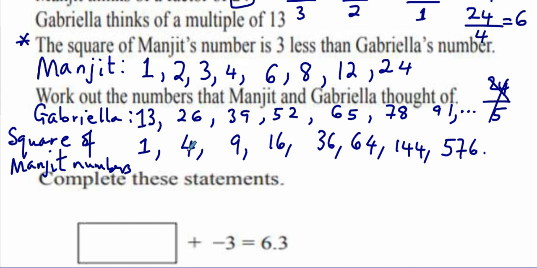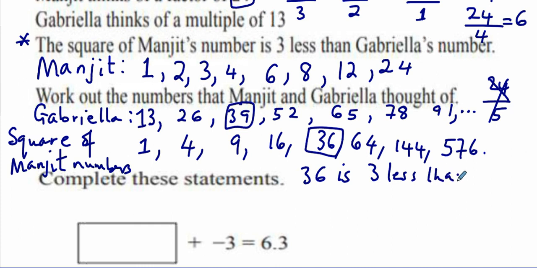No. Is 4 3 less than 26? The answer is no. Now try to compare this number here, 39 and 36. You find that 36 is 3 less than 39.